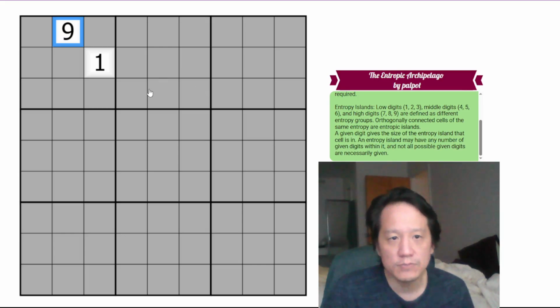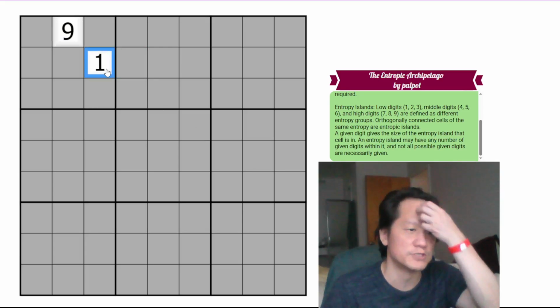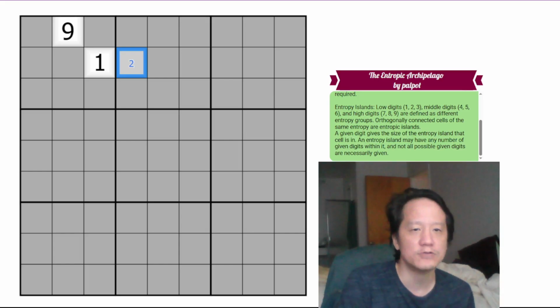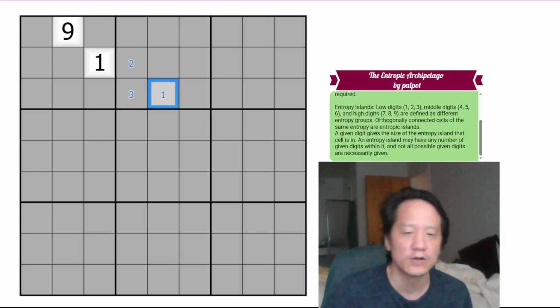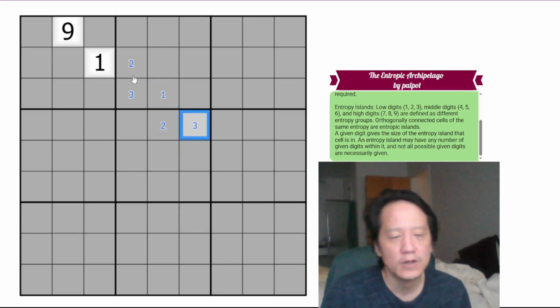So, on an entropic island, orthogonally connected cells of the same entropy are entropic islands. So, for example, say we had a 2 here, a 3 here, and a 1 here, and then say this was 2 and 3 here.